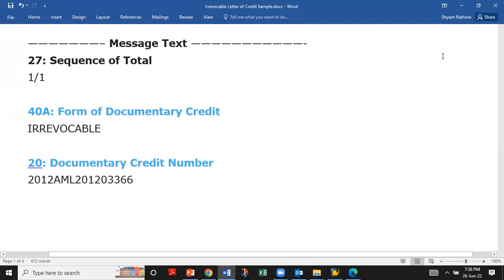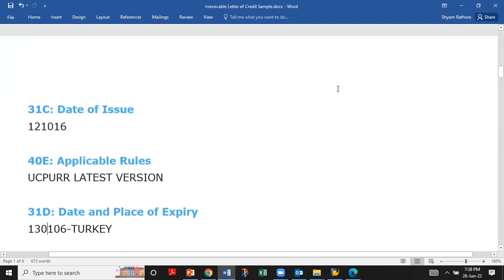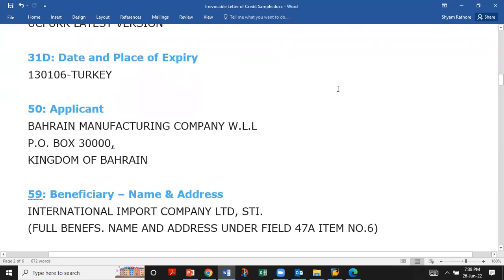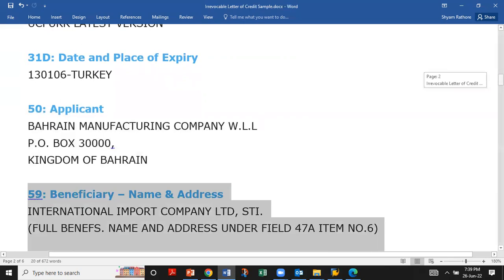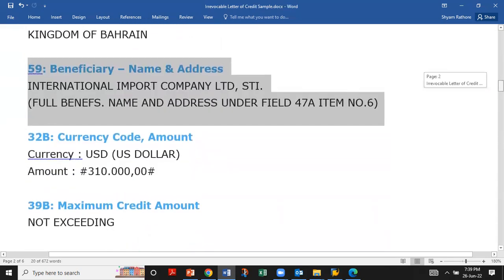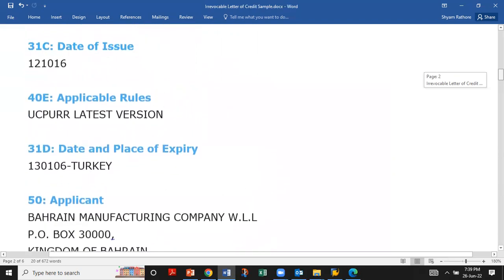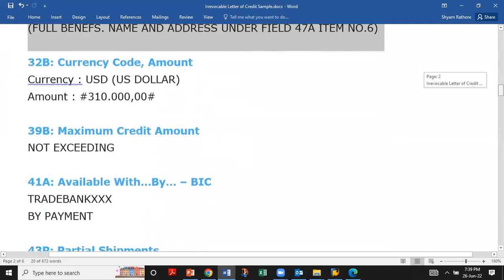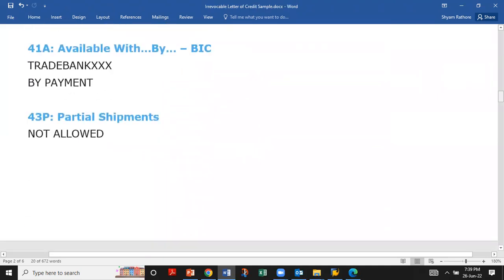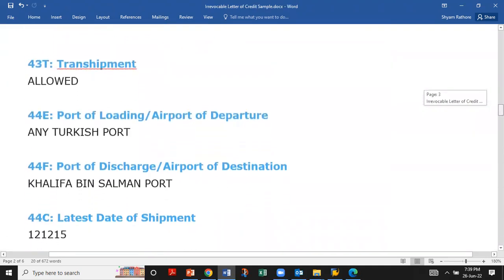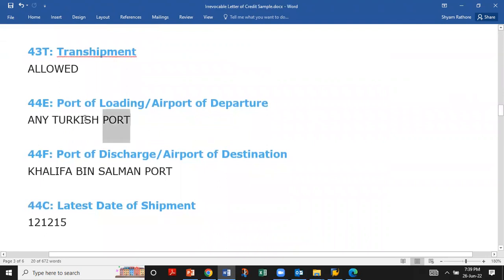So when the draft LC is received by the exporter, he needs to check all fields and approve the LC. If there is any point the exporter does not agree with, he can send back the draft LC and amend the point, for example if a port of Turkey is mentioned, he can change that port name.